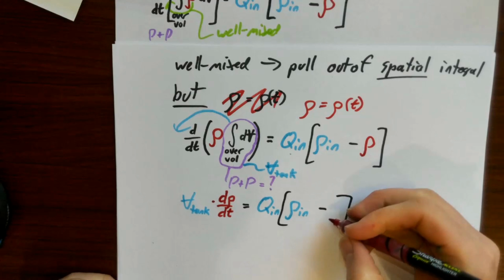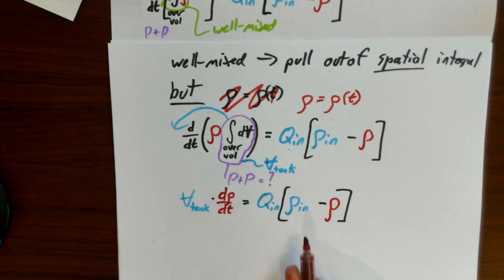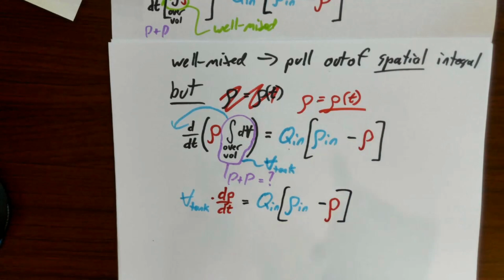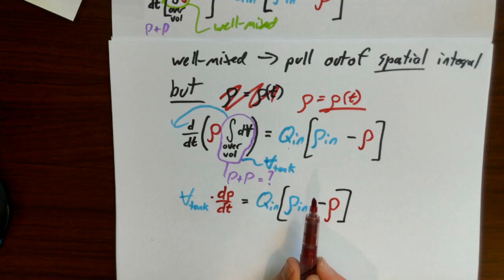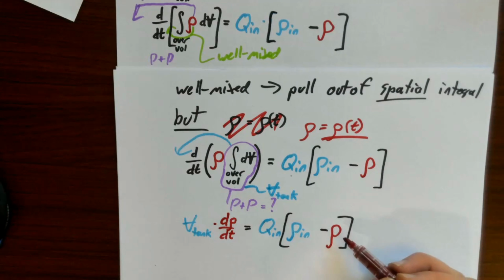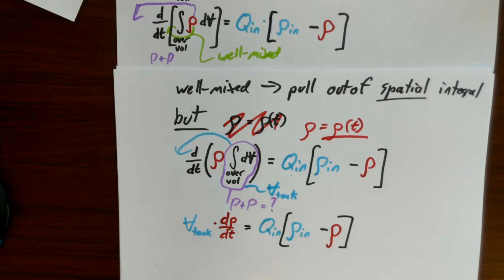All right, now we have some result, and our goal was to figure out what rho is as a function of time, but unfortunately we couldn't get there with just algebra alone. We have on our hands a differential equation that we're going to need to solve.